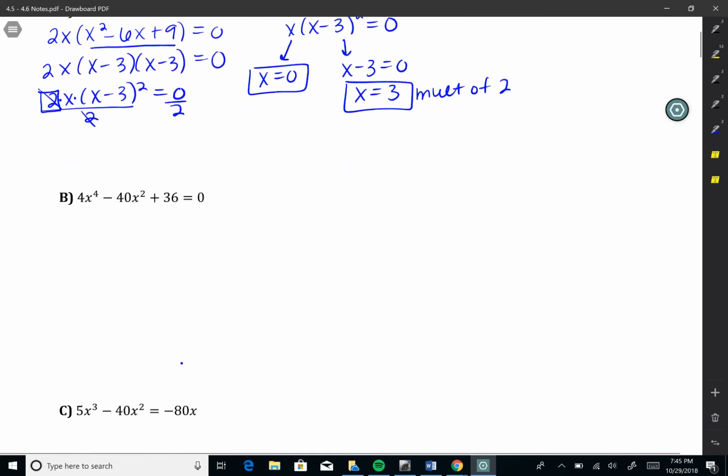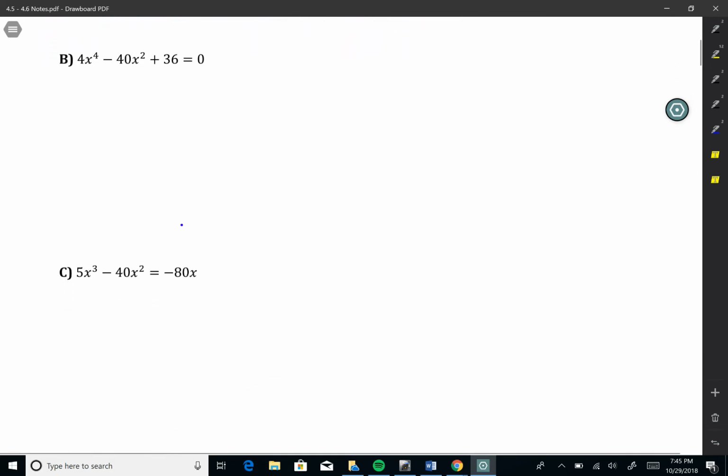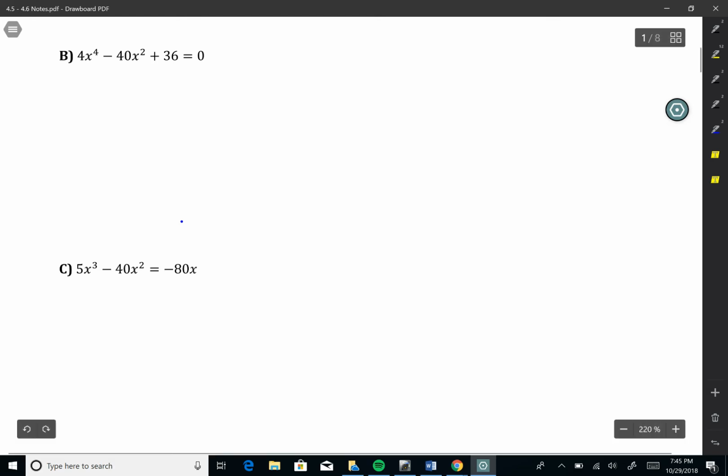4x to the 4th minus 40x squared plus 36 equals 0. First things first, let's see if there's a GCF. And there is. We can take a 4 out of everything here. If we take a 4 out, I have x to the 4th minus 10x squared plus 9. Remember that we can divide away any constant being multiplied, so I'm just going to do that right away in this one so I don't have to worry about it.